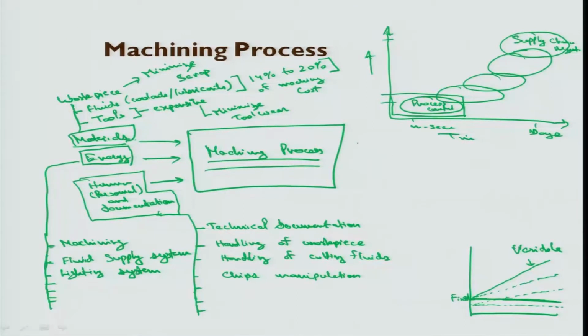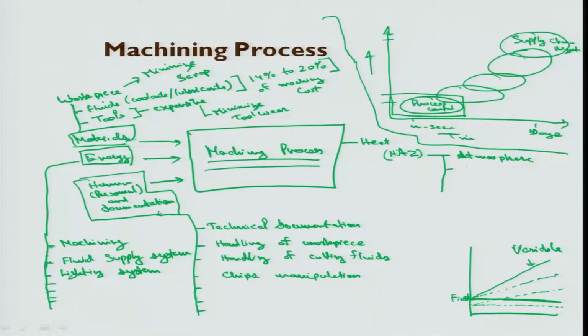Now we have outputs. I start from the environmental outputs here only. Heat goes to atmosphere, workpiece, chips, coolant. We have heat affected zone where this heat is dissipated to atmosphere, then it goes to the workpiece as well.